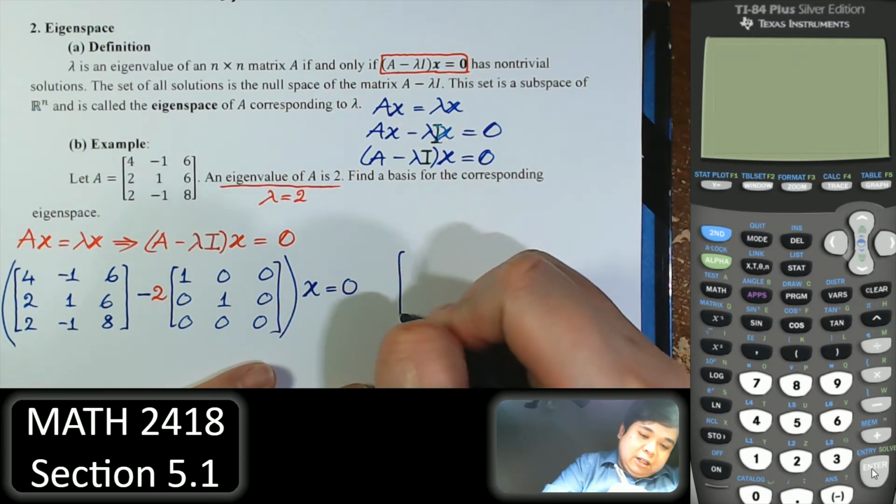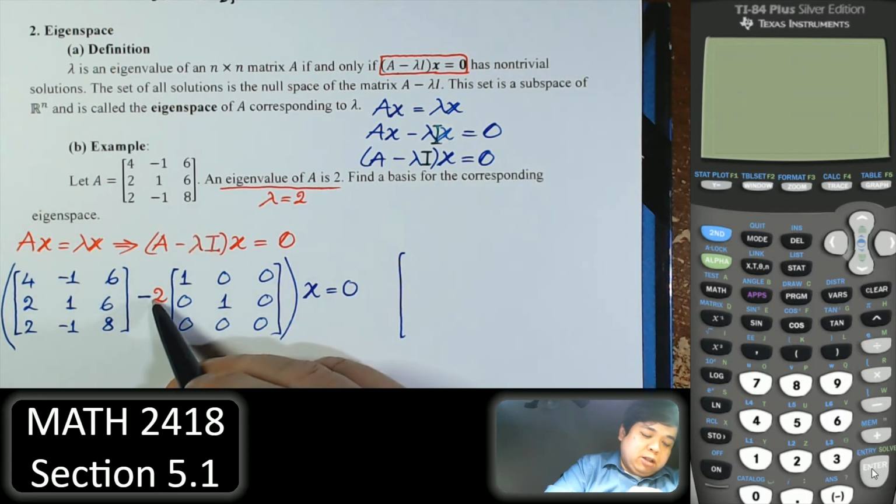Later on we will see that when we subtract lambda times I, pretty much the 2 is subtracted from the diagonal.